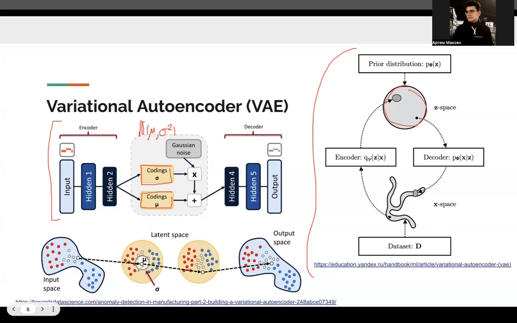Here you can see our input space. We obtain mu and sigma, so we have some distribution inside the latent space. Then we generate from the distribution, for example this one, and decode back. And we want the input and the decoding to be similar. It wouldn't be the same because we have some randomness, but we want them to be similar.